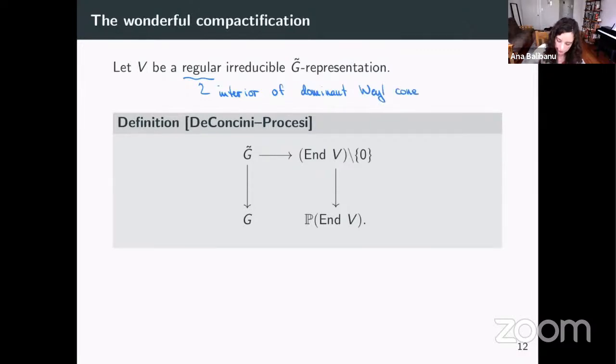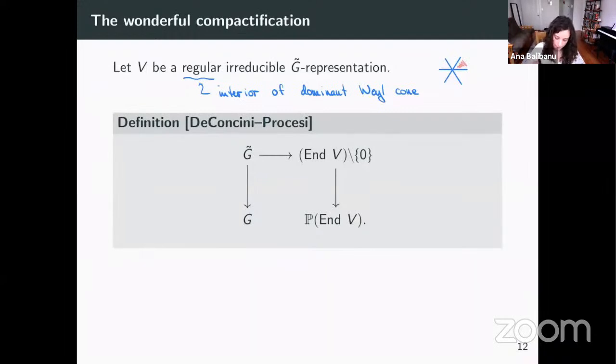So if you're imagining the picture for SL3, the Weyl chambers look like this kind of fan. And my representation should live in this red cone, but it shouldn't live on any of the walls.